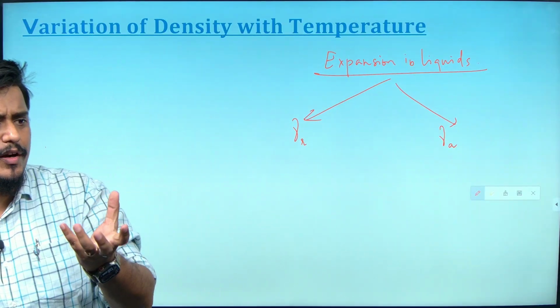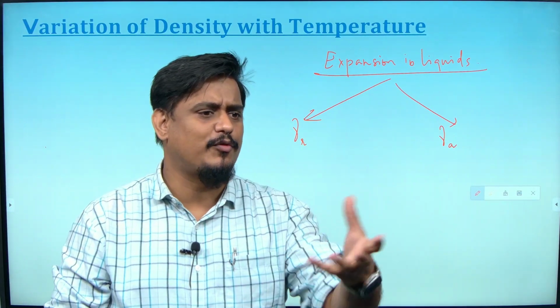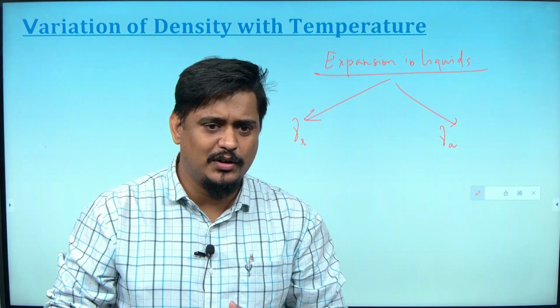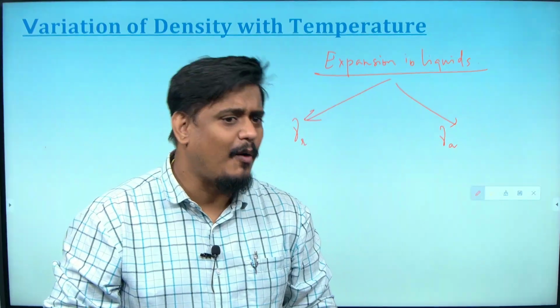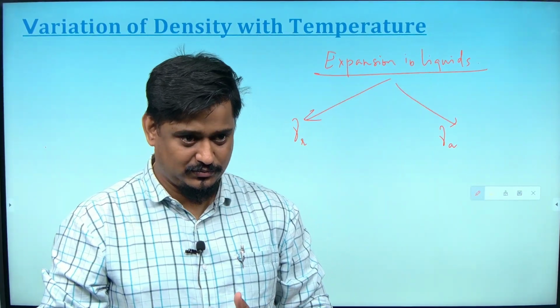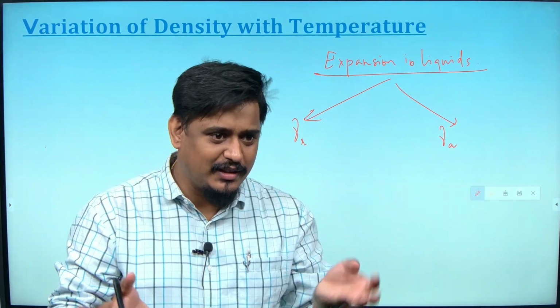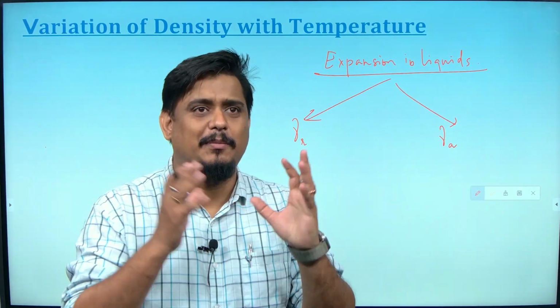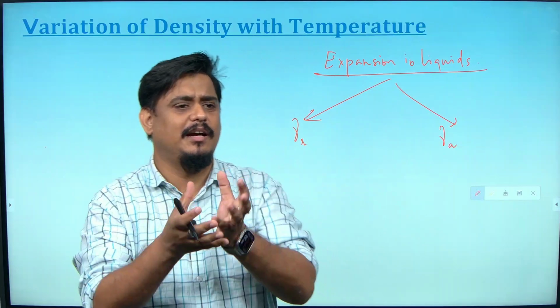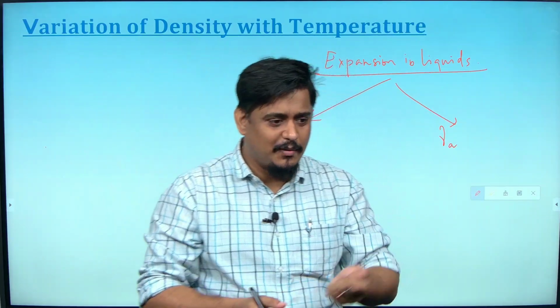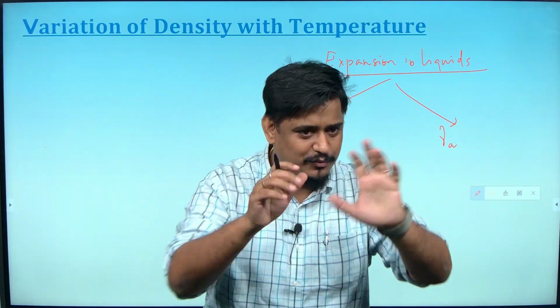If I give you 1 liter of water or 1 liter of oil and ask you to heat it, how will you heat it? First you will keep the oil in a container, pour the oil, put it on the stove.